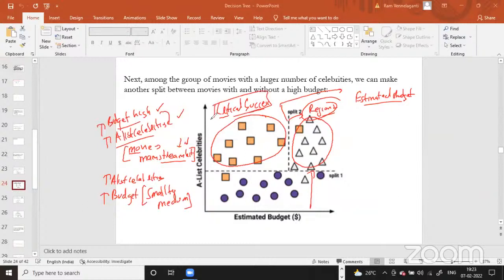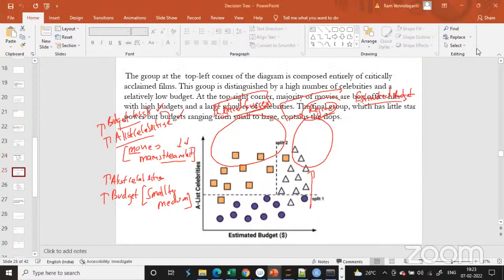That is what you can see from this data. So you are able to partition your data using our features, and you are able to segregate your observations into homogeneous groups. That is the idea of decision tree. That is the concept you're applying here. So the same decision tree logic we are able to apply.